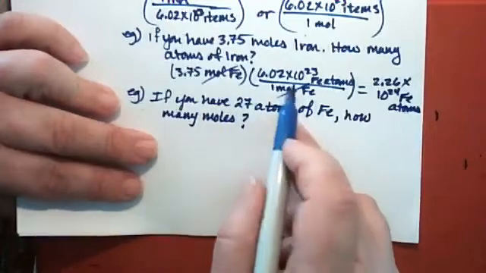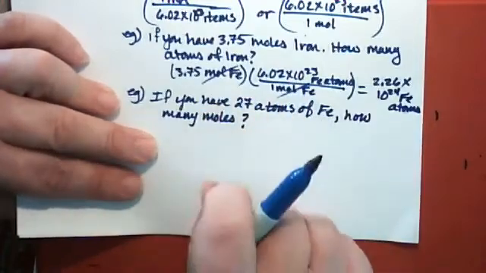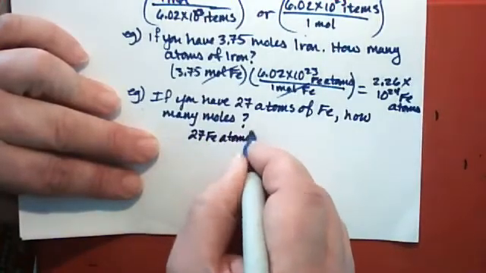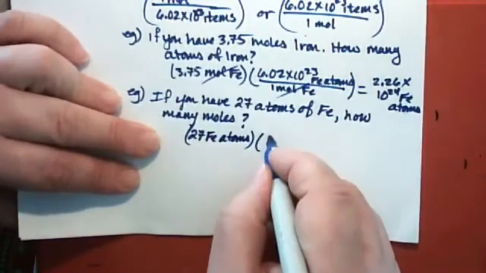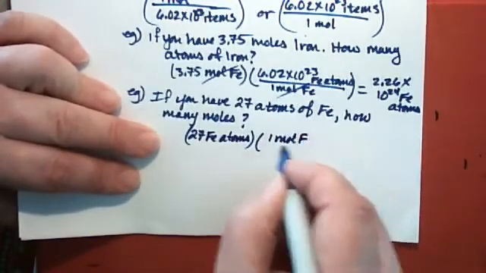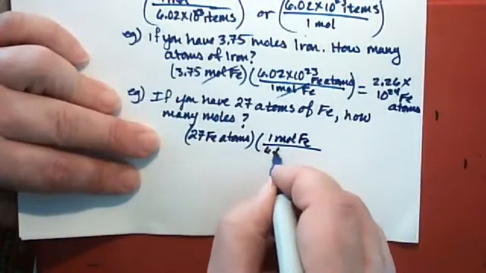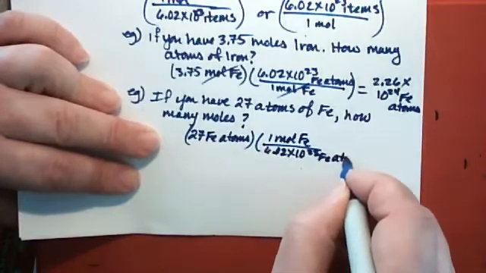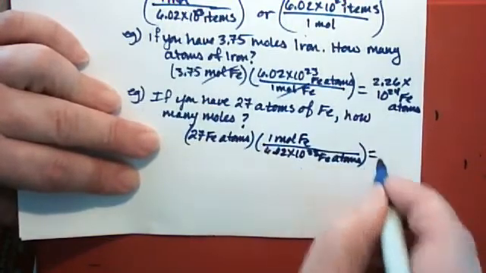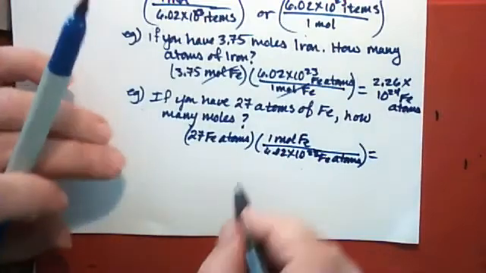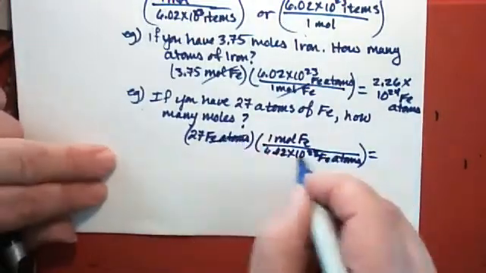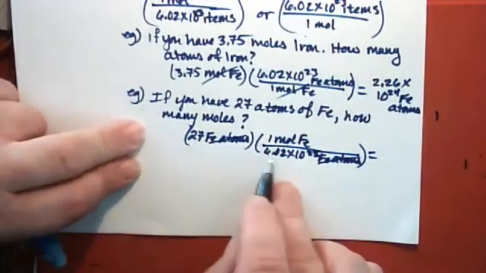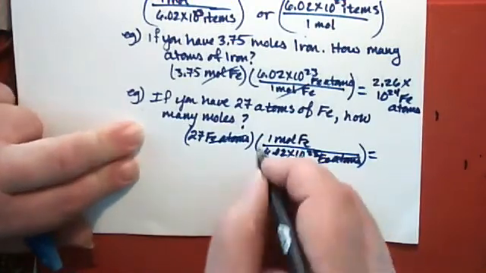Well, in this case, you just use, again, the same conversion factor, only it would be upside down. 27 iron atoms, and there's 1 mole of iron, or anything else, for every 6.02 times 10 to the 23rd items, iron atoms in this case. Notice that iron atoms will cancel out as a unit. And mathematically, all you end up having to do is take 27 divided by 6.02 times 10 to the 23rd.